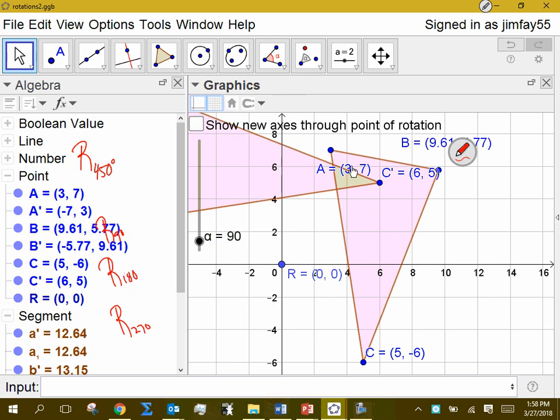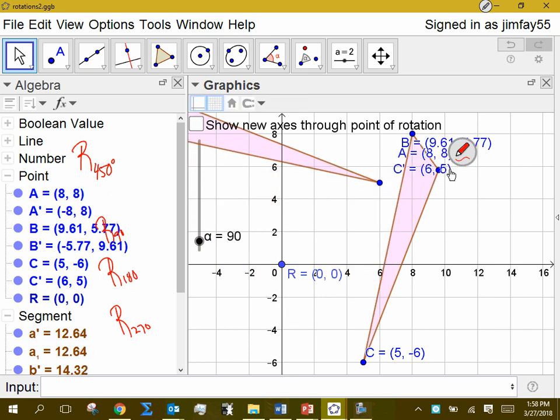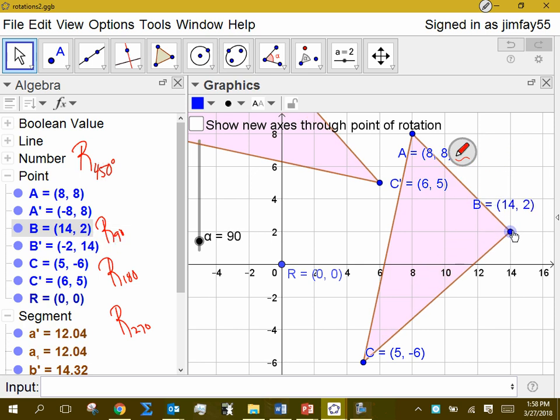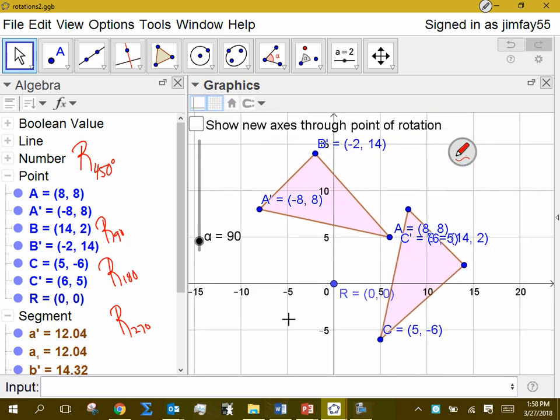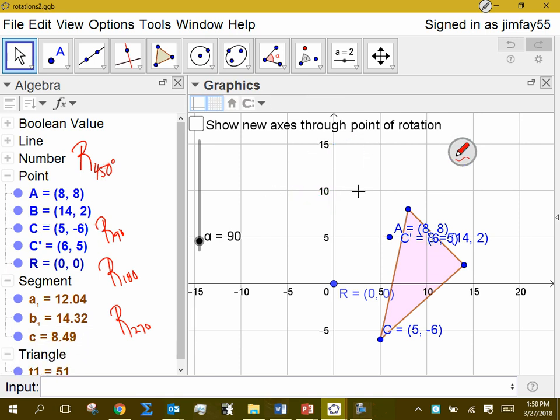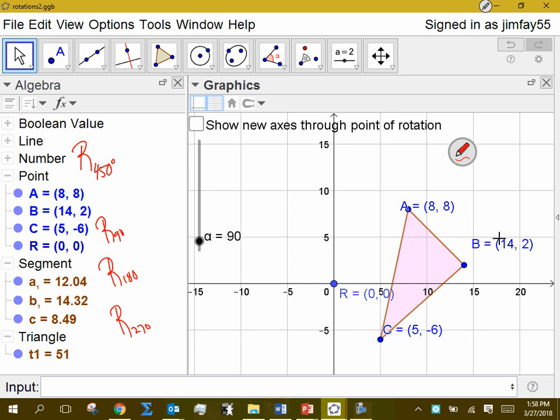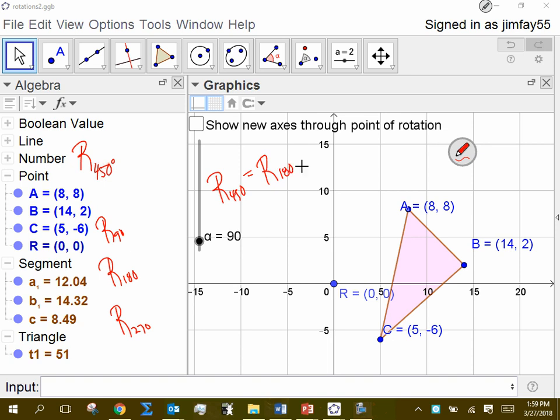If I want to rotate B 450 degrees, you're saying that is equivalent to a rotation of 180 followed by a rotation of 270, right?